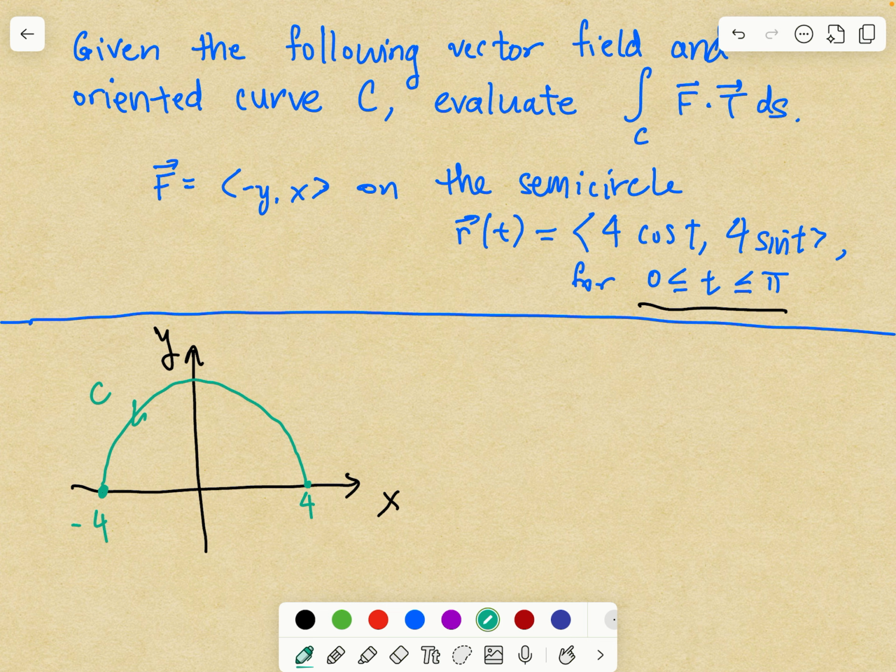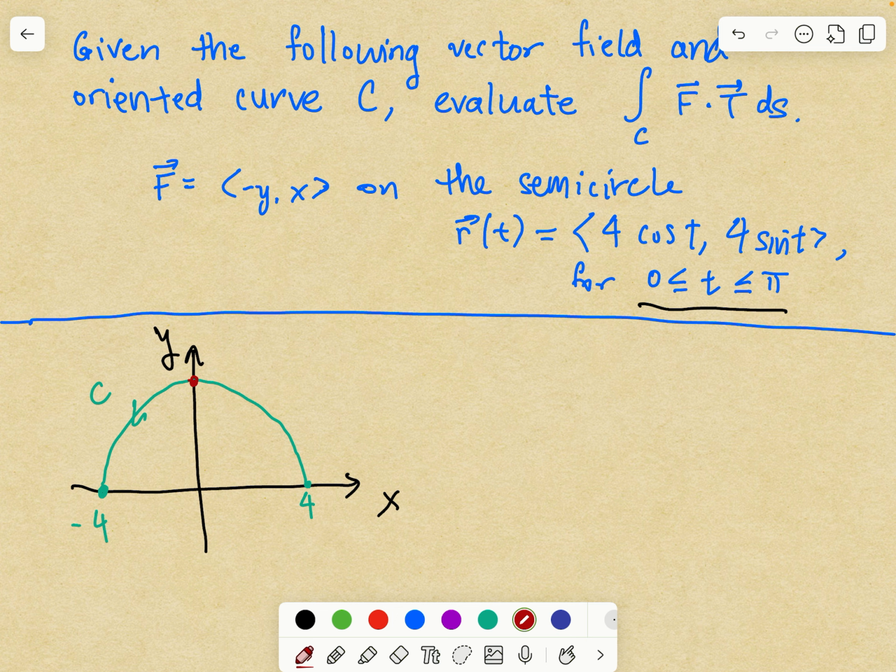And you have some vector field F. In this case, the vector field is negative y, x. But the point is that at each x comma y, you have some vector given by F. It's a function of x and y. So at 0 comma 4 here, x is 0 and y is 4, so your F is negative 4 comma 0.